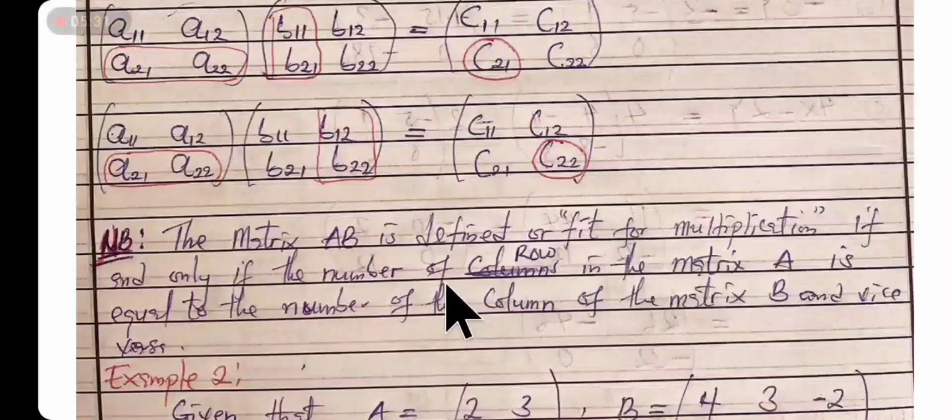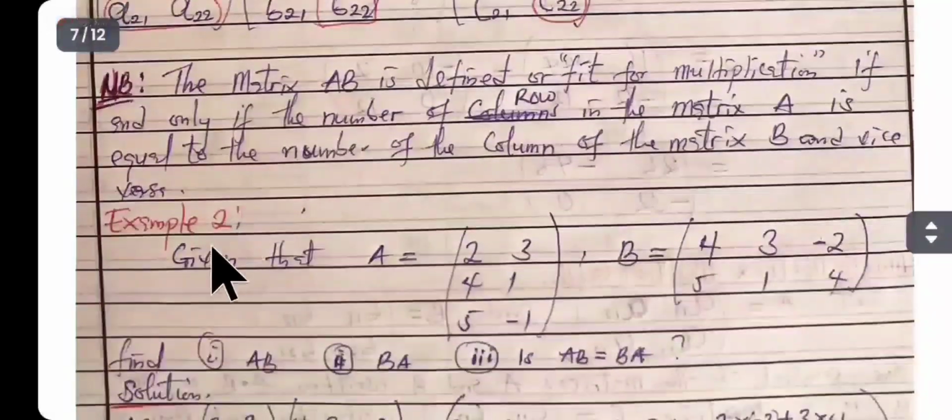Before you multiply matrices together, you have to ensure that the number of rows of one matrix is equal to the number of columns of the second matrix. Here we have one row, two rows, here we have one column, two columns. So we have two rows here and two columns here, so they can go together.